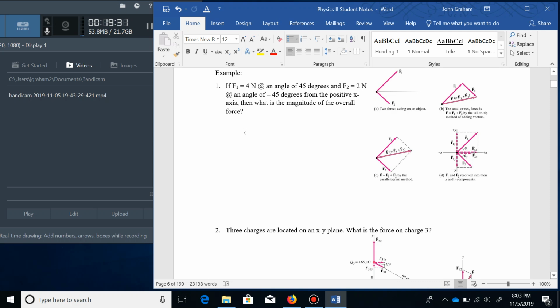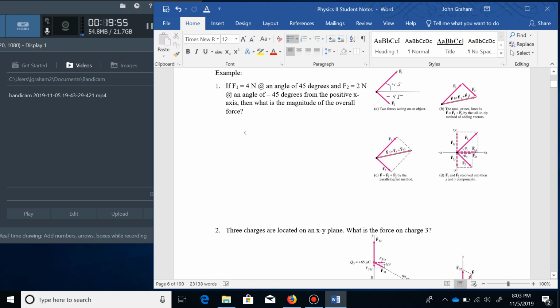We want to know what the magnitude of the overall force is. So our picture looks like this. We have F1 coming up at 45 degrees, and then we have F2 coming down at negative 45 degrees.